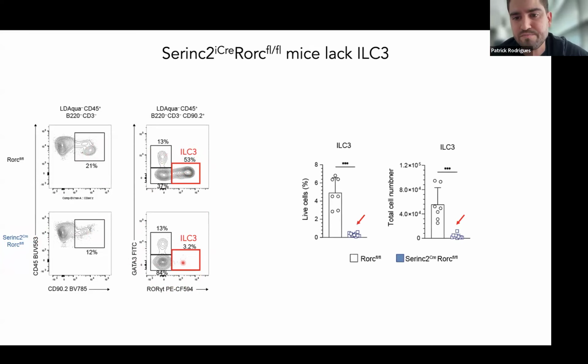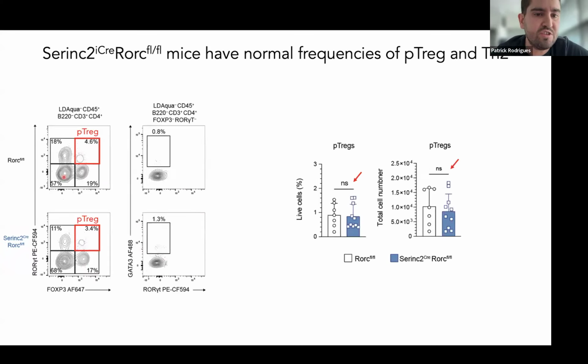Now the question was: do these mice still prime pTregs and inhibit the expansion of T cells? So we assessed the pTreg compartment, and we were very happy to see that the pTregs in our Cre positive mice were not affected at all. This is true for the frequency as well as for the total cell numbers.